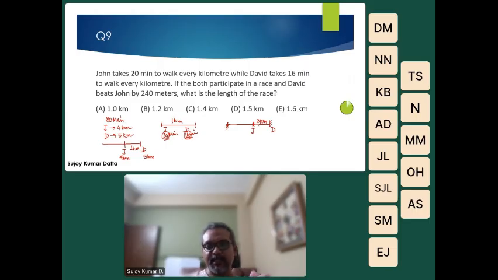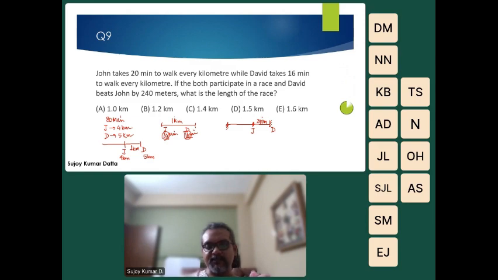But we know in this race the gap is not 1 kilometer but 240 meters. So 1 has to scale up to 240. So 5 will become how much? 1200 meters. And J would become how much? 4 times 240, 960 meters.